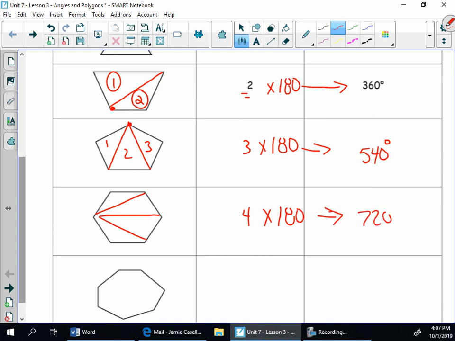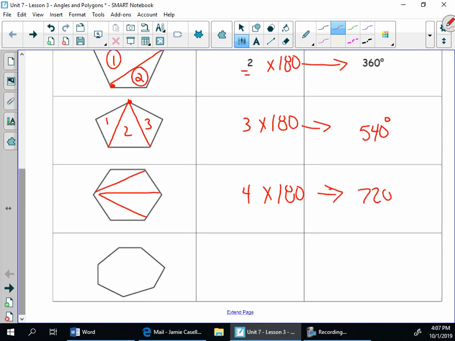A seven-sided figure makes 1, 2, 3, 4, 5 triangles. There's a bit of a pattern here too.